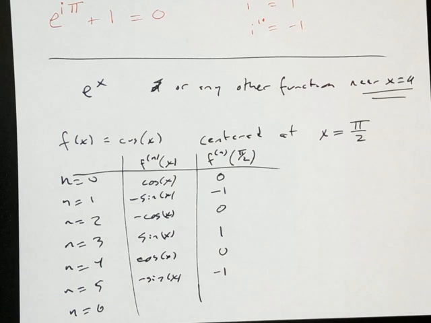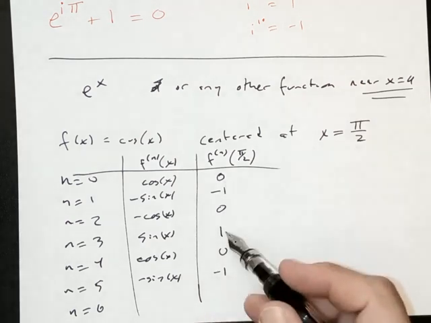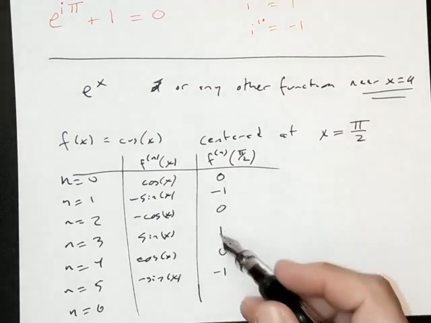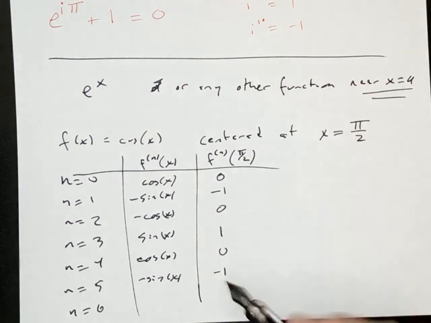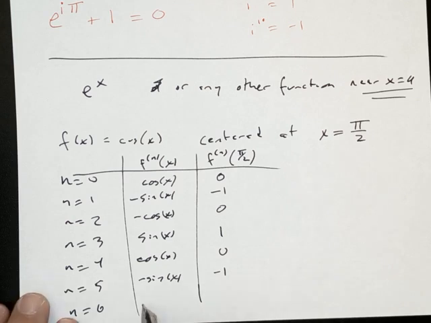Only this time, it's flipping back and forth the other way, isn't it? Our previous example went 1, 0, negative 1, 0. So it flipped the other way. So again, my goal is to try and find a pattern in these.